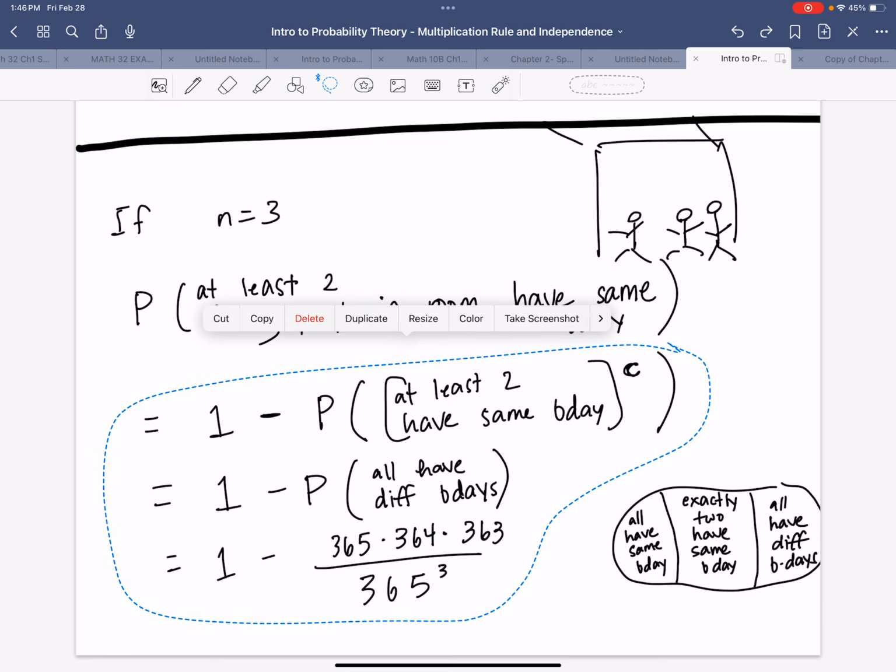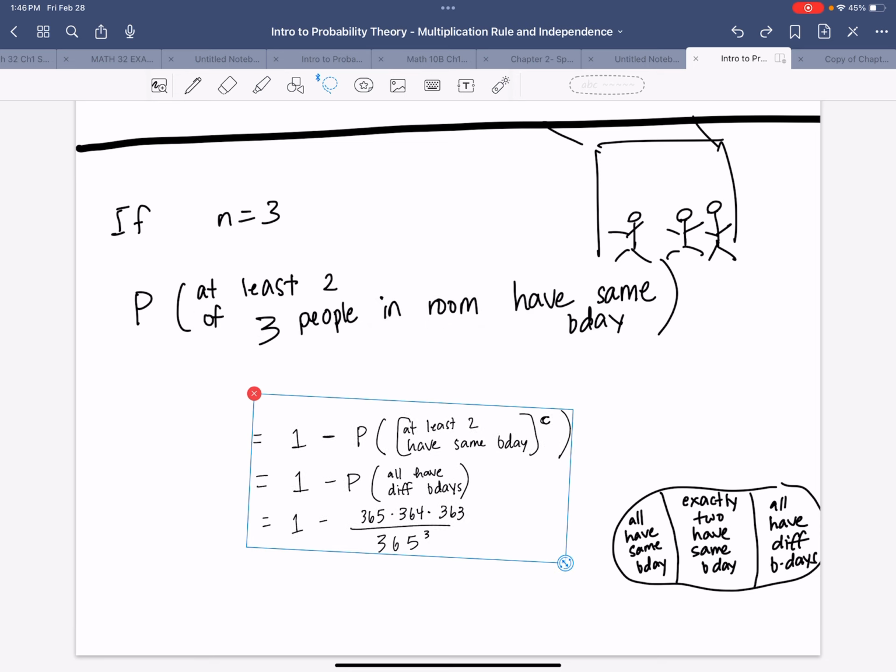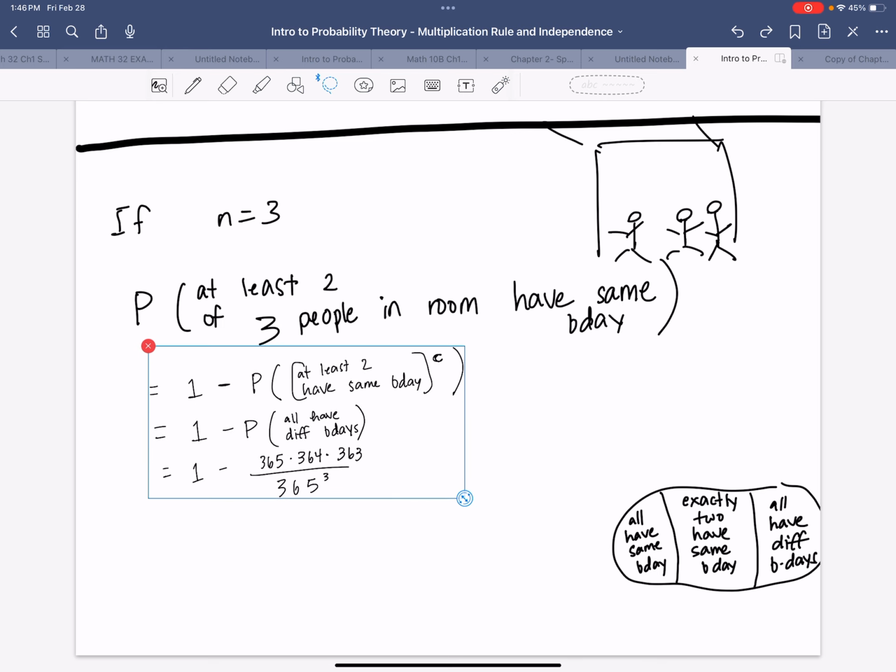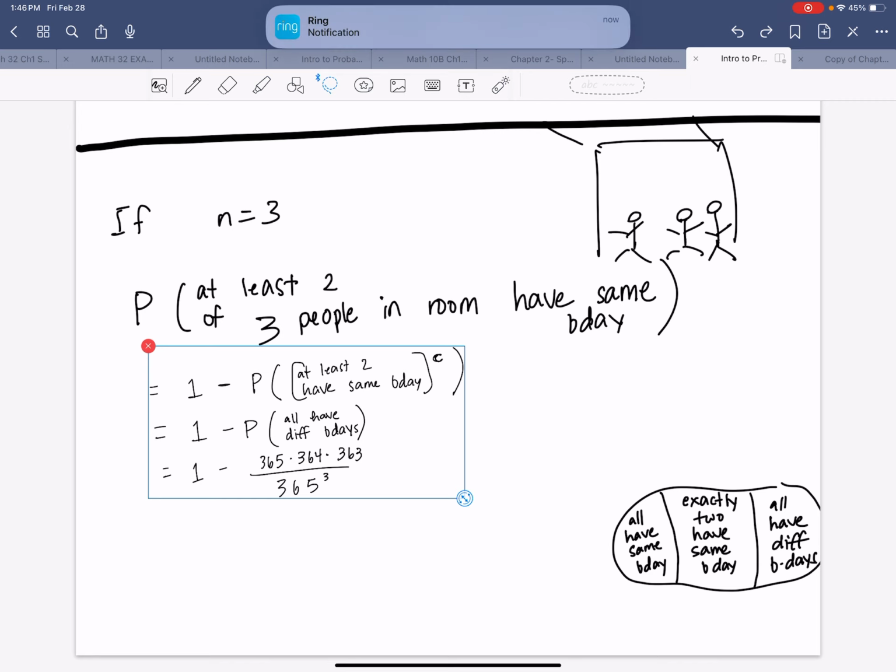Okay? So when I compute this with my calculator, I'm trying to see if we get something that is at least 50%. So I have 365 times 364 times 363, and I need all of that divided by 365 cubed. Okay, and then I need 1 minus that.